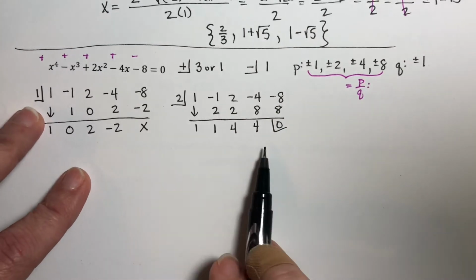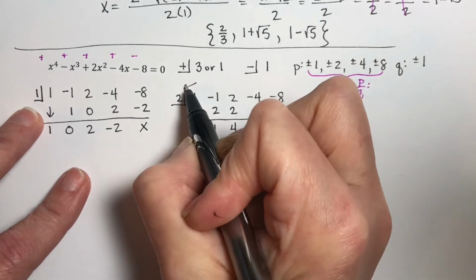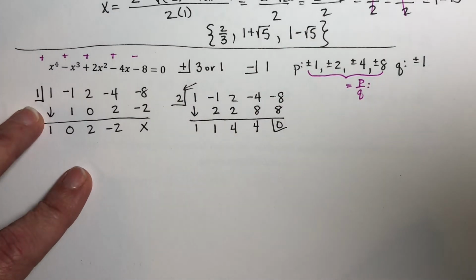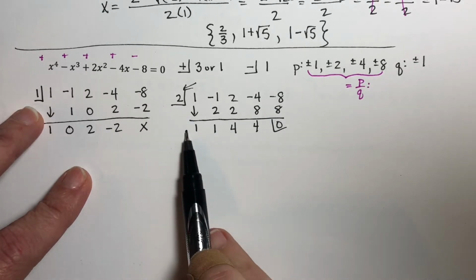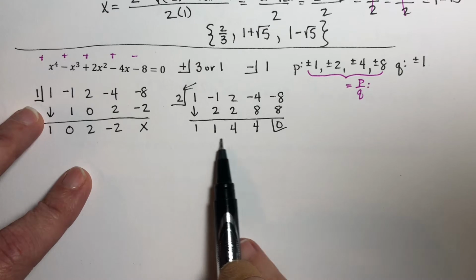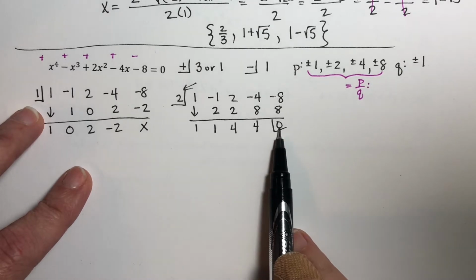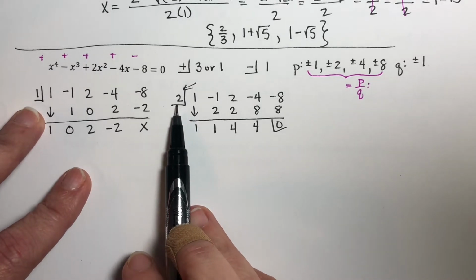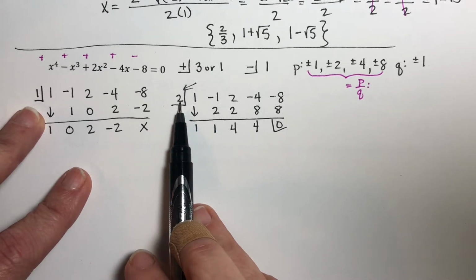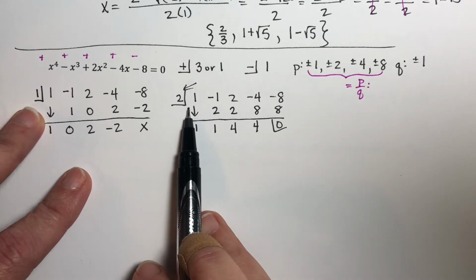So this tells me 2 things. First of all, one of my solutions is a 2. But if you look here, I also ended up with all positive numbers here. 0 can either be considered a positive or a negative as far as this goes. So that tells me that 2 is an upper bound. I do not have a positive solution larger than 2.